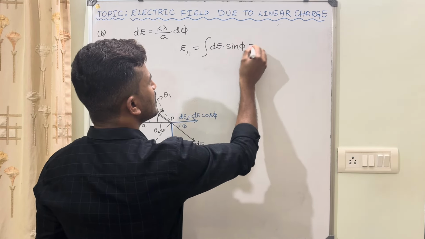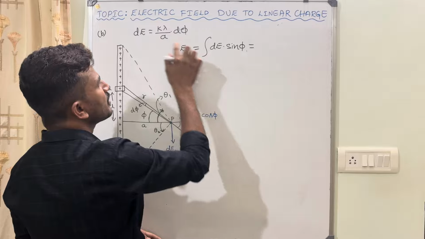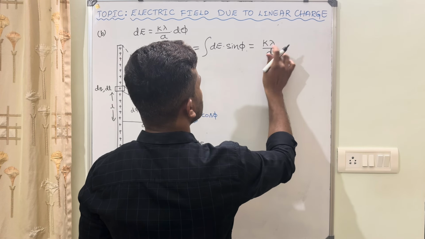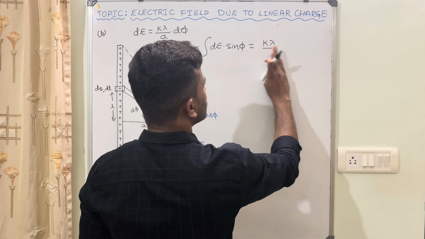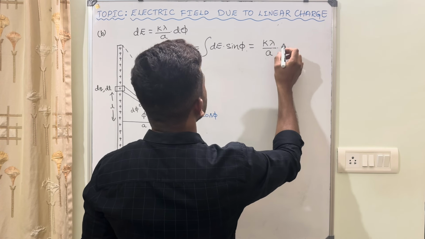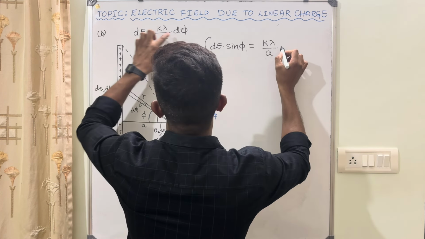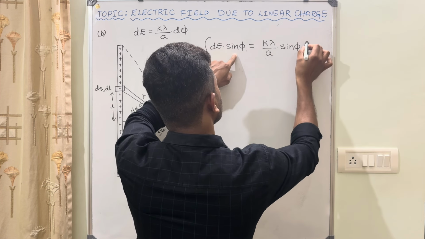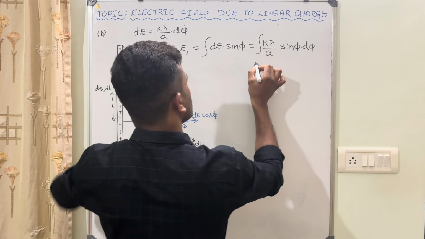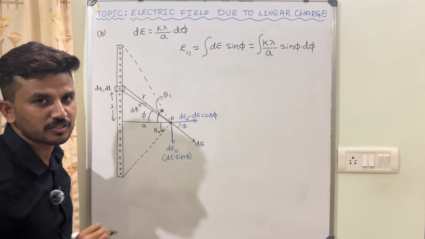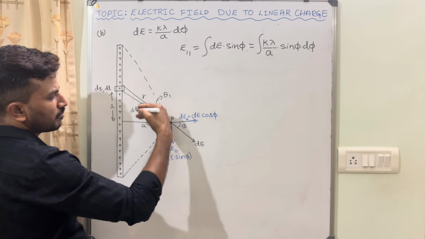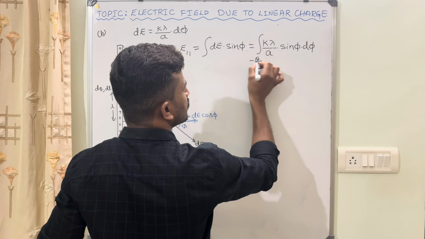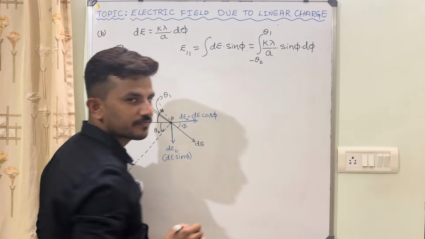So what is dE? dE is given by K lambda by A into d phi. First I will write sin phi into d phi. Between the limits we have to write the limits. The limits are from minus theta 2 to plus theta 1.